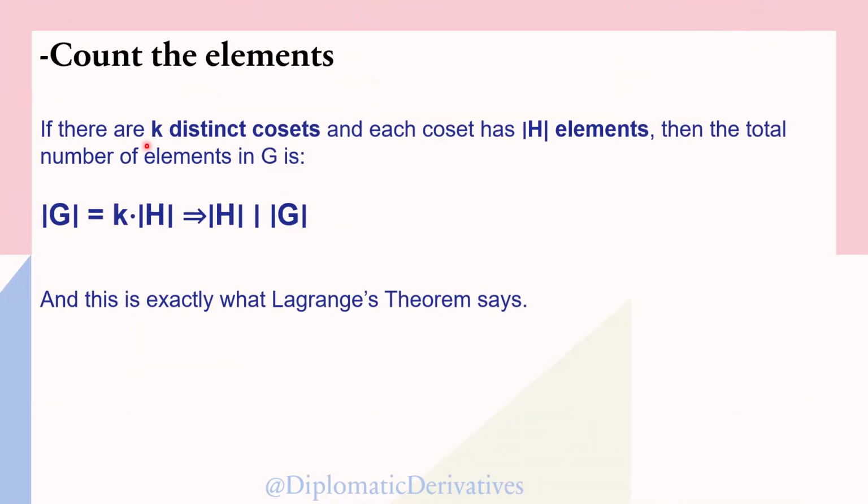Next, we have divided G into how many cosets? The number of cosets is k, and what is the order of each coset? The order of H, right? So what will be the total?